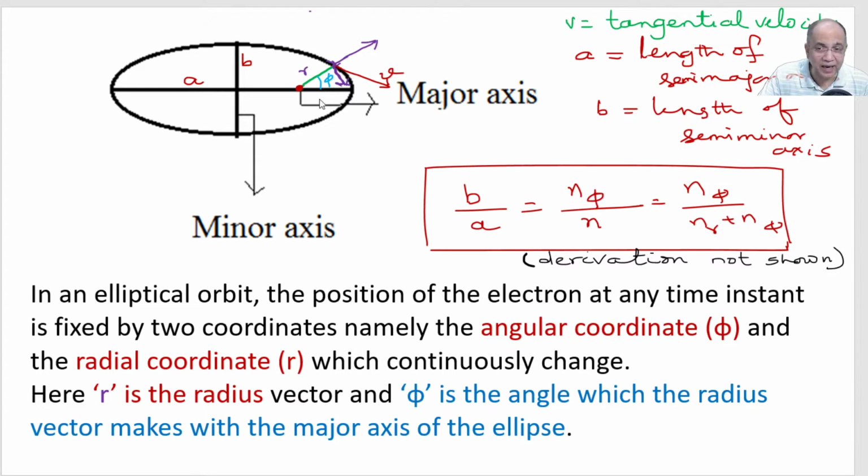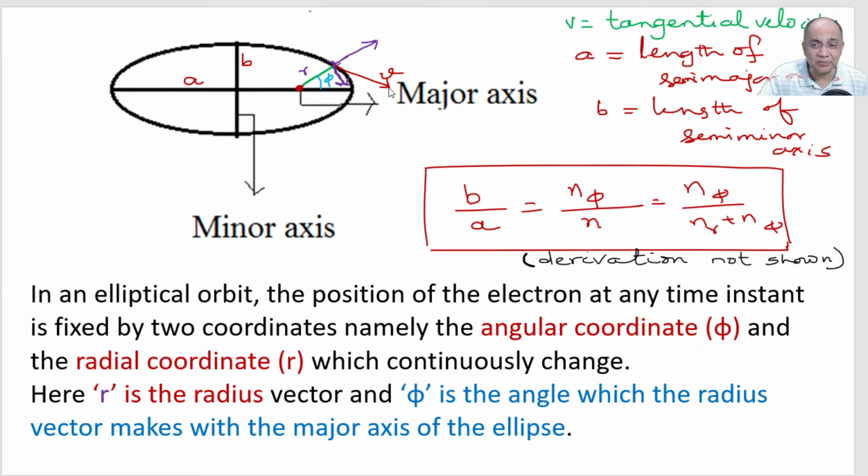And phi is the angle that the principal axis makes with the radius vector. What is the radius vector? The line joining the nucleus and the point where the electron is moving at a particular instant, that is the direction of the radius vector, and this is the tangential velocity vector, the tangent drawn at that particular point where the electron is moving at any instant.